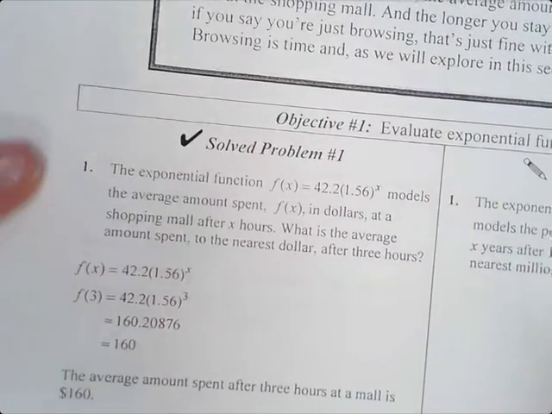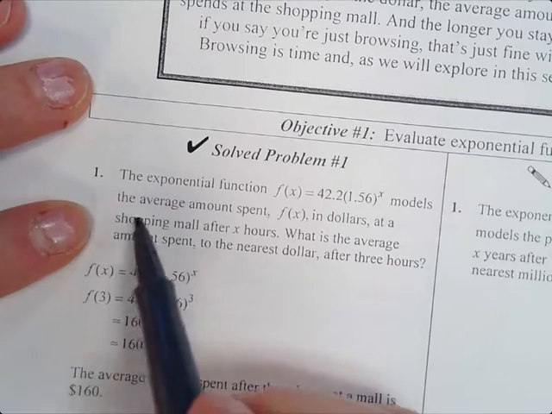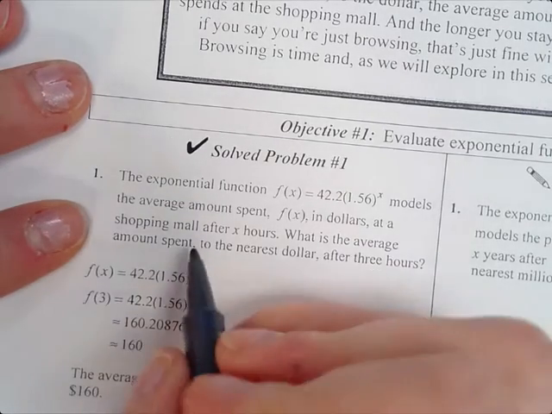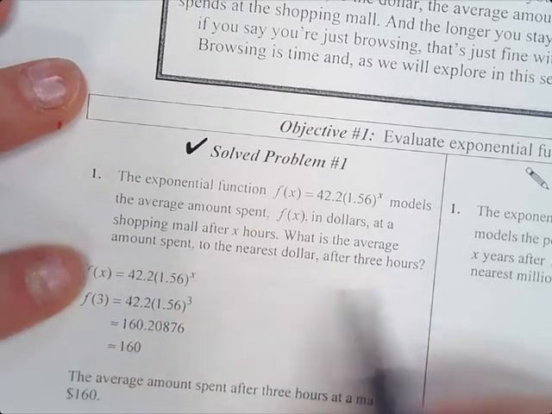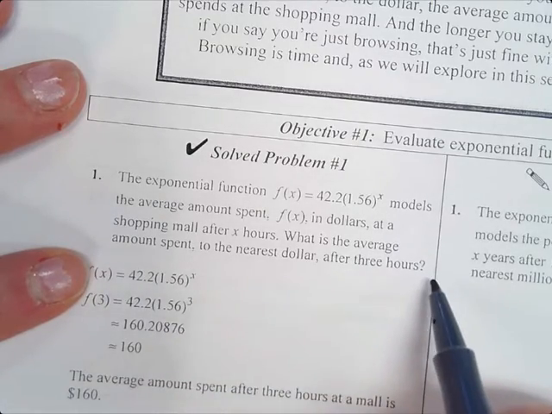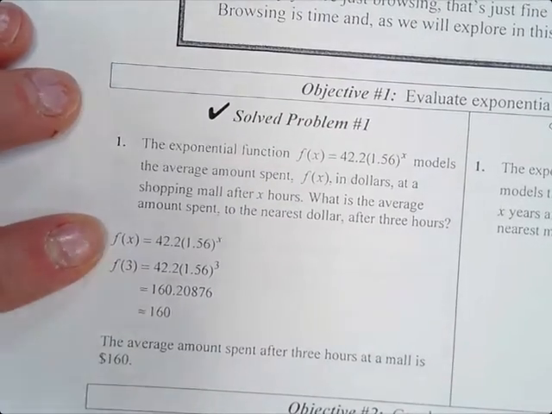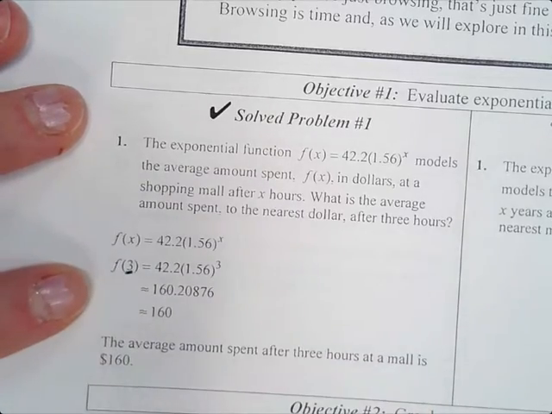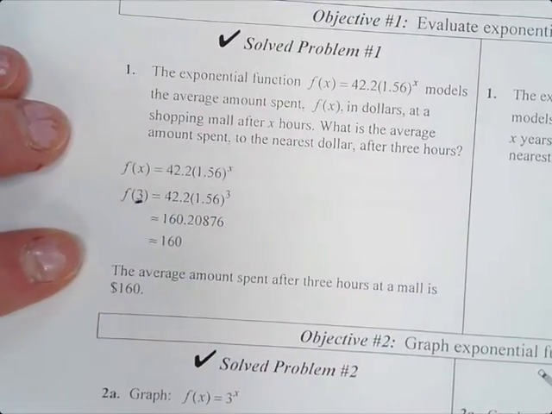So this first one gives us an exponential function that models the average amount spent in dollars at a shopping mall after 8 hours. What is the average amount spent to the nearest dollar after 3 hours? So we have our function, substitute in 3 for x, and then solve.